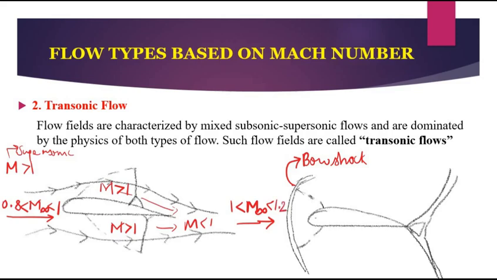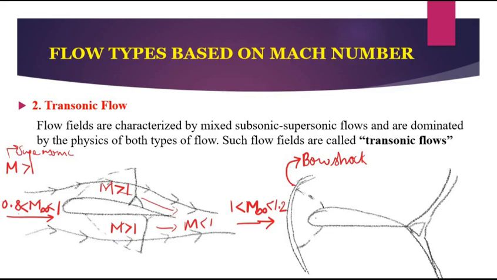Here what we see, that it is at 0.8 and it is maximum 1, and it is again going into the subsonic region. But here what I am doing is, my free stream Mach number is itself increasing, that is crossing 1. So in this case, what happens? A bow shock is formed in front of the body.